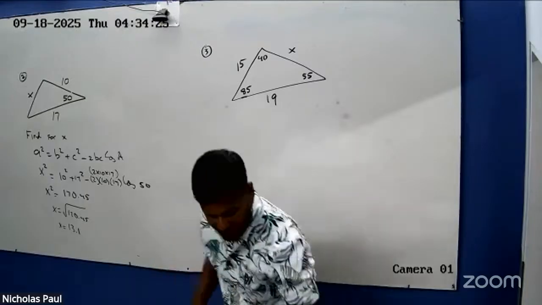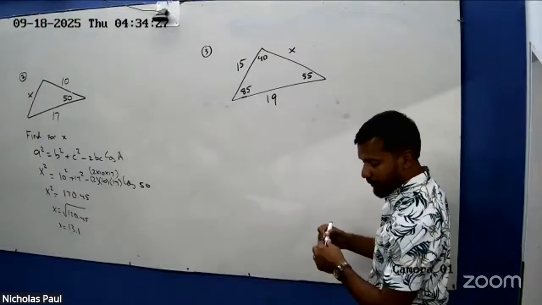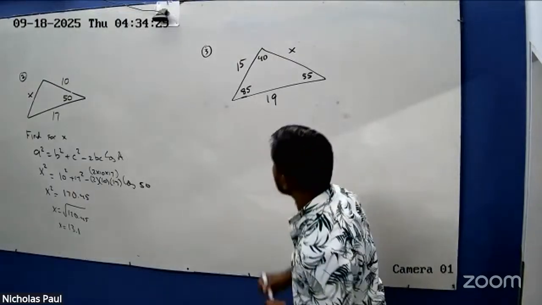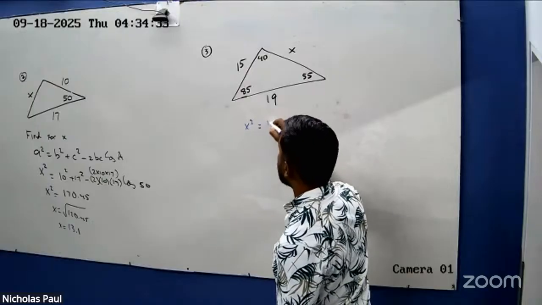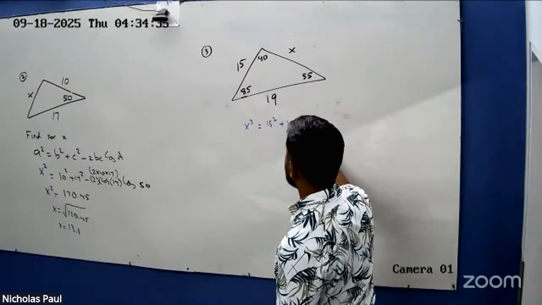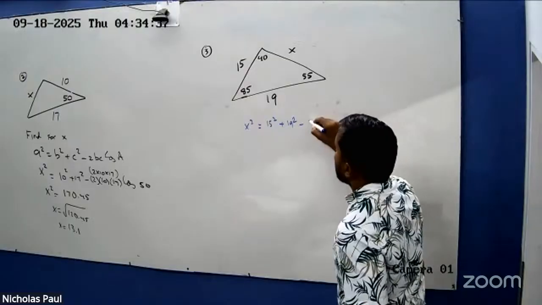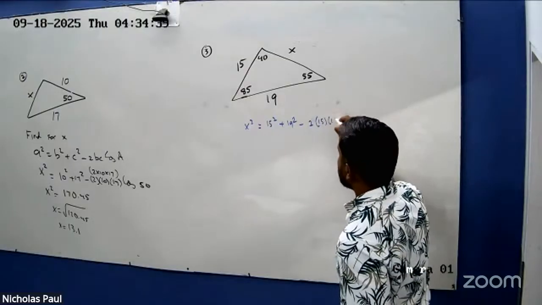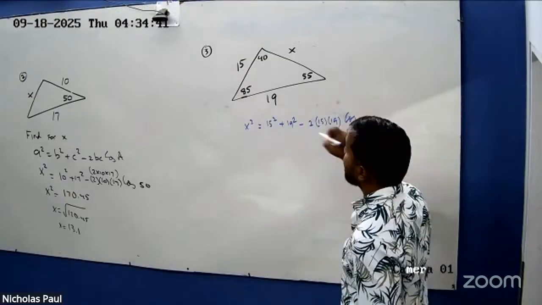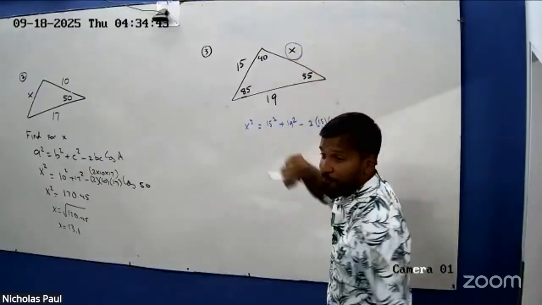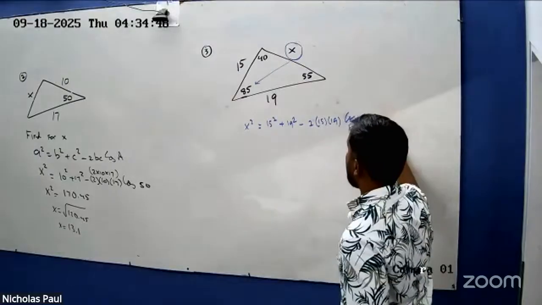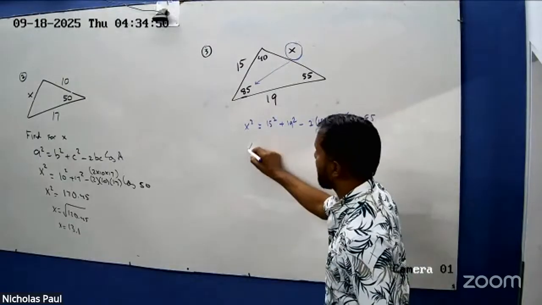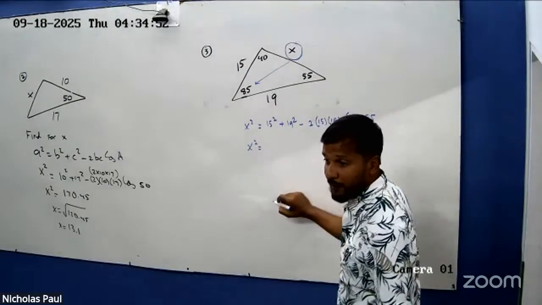All right, nice. Let's see what you got. We know we want to find x. We have 15 squared plus 19 squared minus 2 by 15 by 19 cosine. Since I'm trying to find the angle here, I have to use the opposite, so that will be cosine 85. Press the calculator.